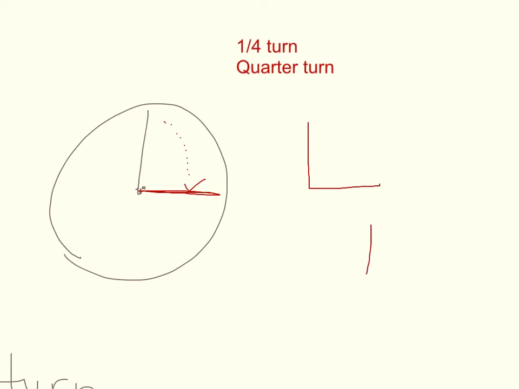Remember, a full turn all the way around would go all the way back up. A half turn, if it's starting here, would go to here. Well, a fourth or quarter turn that starts here is only going 1/4 of the way around.